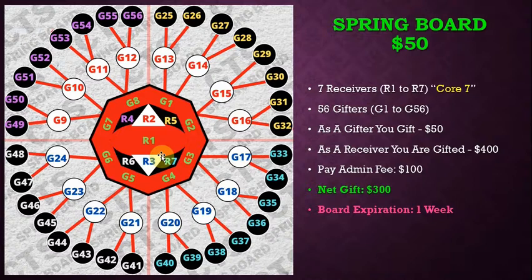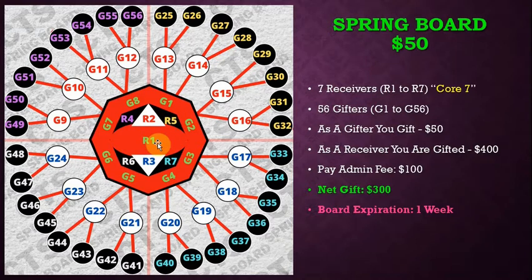For example, on this board it's $50. So if for some reason this board stalls and it's not growing, instead of leaving it there to just fade away and everybody walk away and say, well, it didn't work out, we have a method where you could get back your $50 gifted.